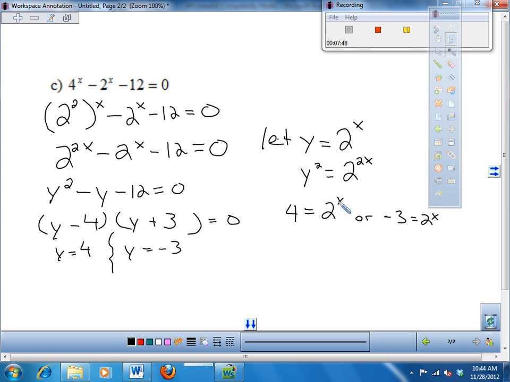Well, what's x got to be? 2 to what power gives you 4? 2. X equals 2. And over here, I can't raise 2 to any power to give me a negative number. So this one you throw away. No solution to this. So this is your only answer.